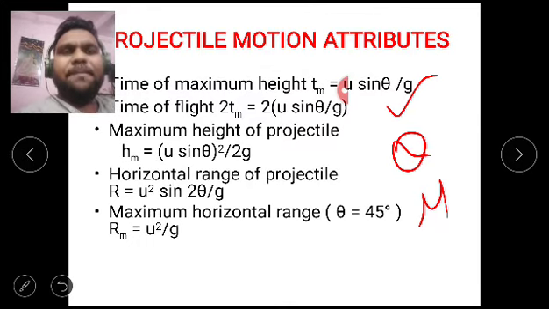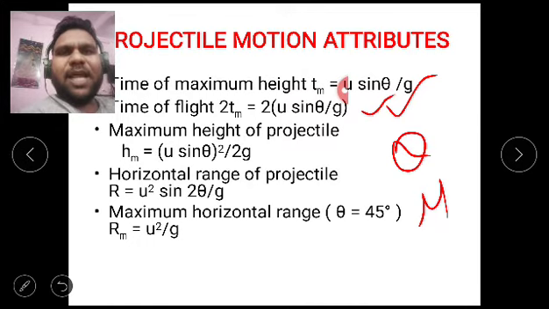Okay, and the same will be the time of descent, the time from maximum height to the time it hits the ground. So total time of flight will be given by 2u sin theta by g. This is the formula for time of flight. It will be equal to 2 Tm. The time from launch to maximum height is called the time of ascent.